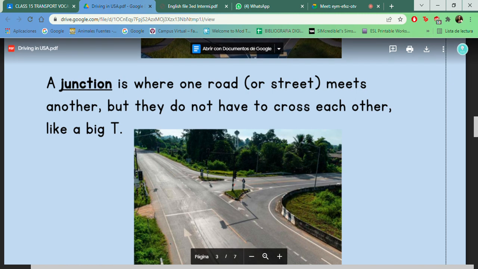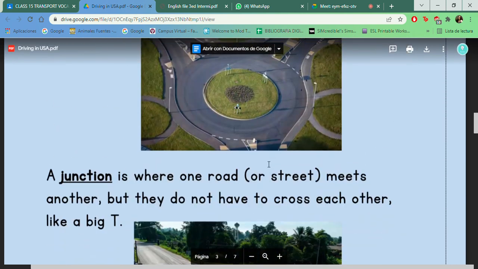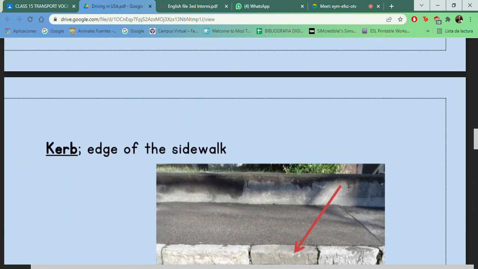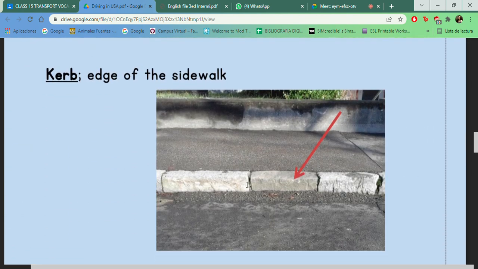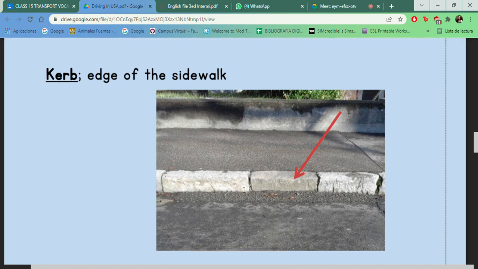You will have a picture. But they do not have to cross each other like an intersection. Curb is the edge of the sidewalk. Yes, el cordón de la vereda. Exactly. The edge of the sidewalk.